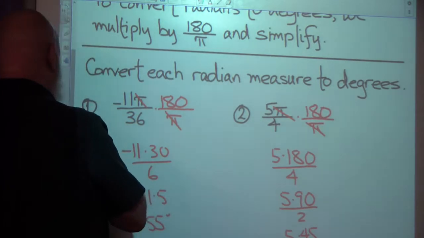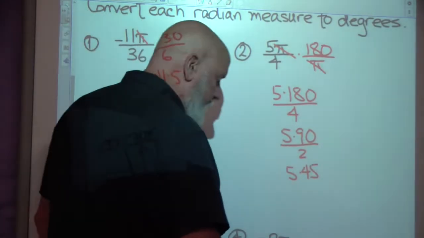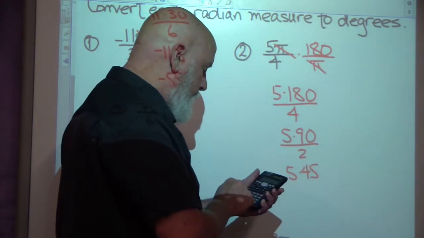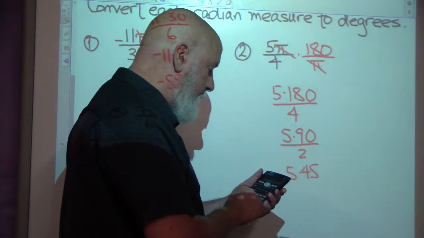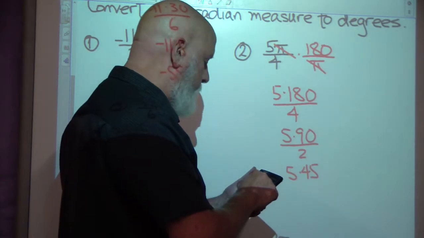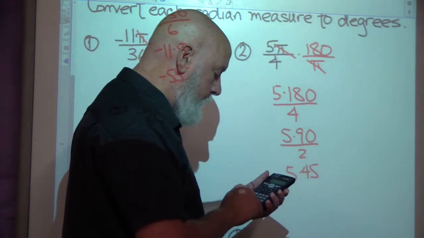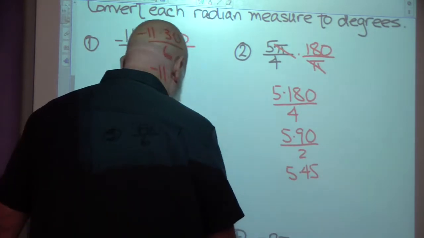which is, what is that, 225? Where's my calculator? 5 times 45 equals 225, okay.